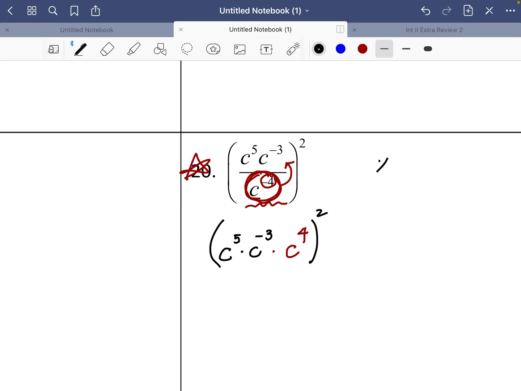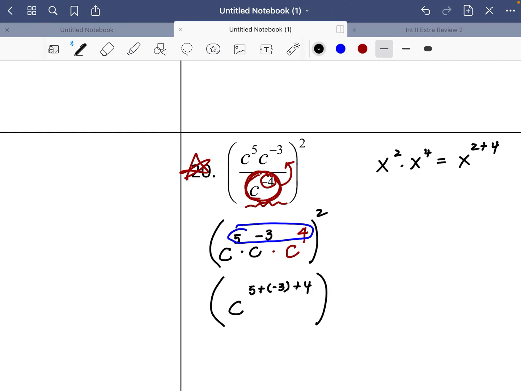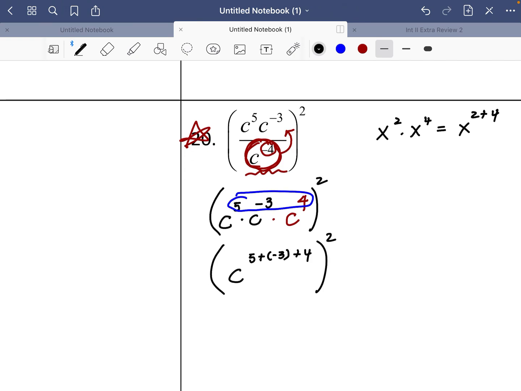And now what I can do, it's like having x squared times x to the 4th. I'm just adding the exponents together. So I'm going to add all of these exponents together. C to 5 plus negative 3 plus 4. And that's all raised to the power of 2. So adding them all, 5 plus negative 3 is 2, plus 4 is 6.